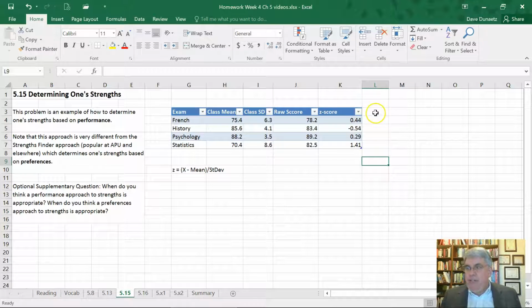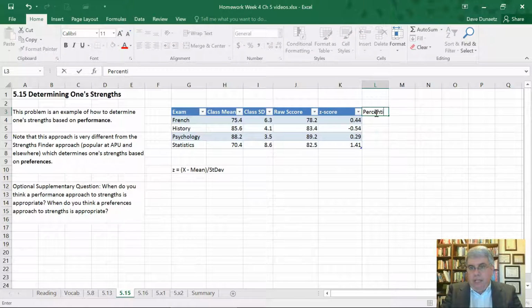Now, let's change this to percentile rank. So let's label this percentile rank. And so that's the area to the left of her z-score.